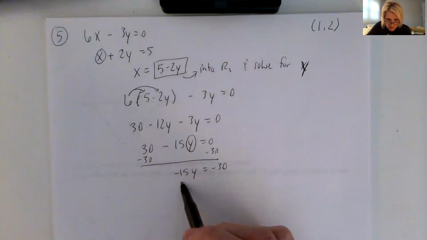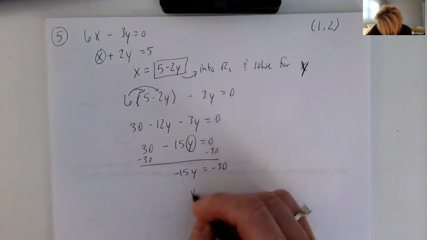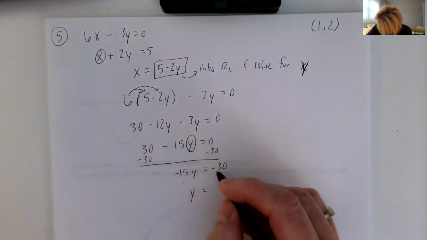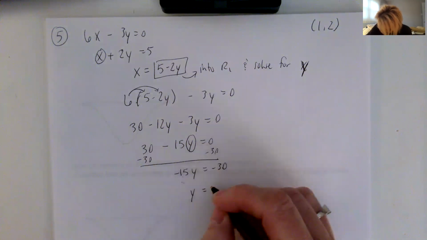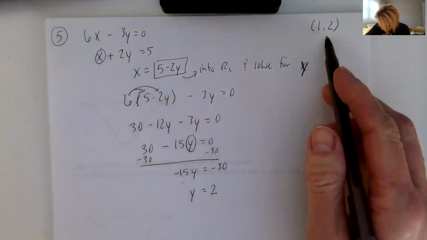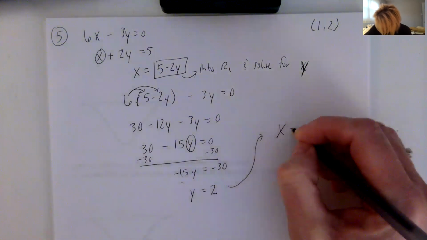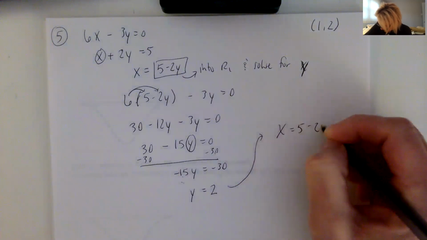We're left with a -15y equals a -30. Be careful with your negatives because it's easy to get those lost somewhere. So a -30 divided by a -15 gives us a +2 for y, and that's what we wanted. And then we know that x equals 5 minus 2y.